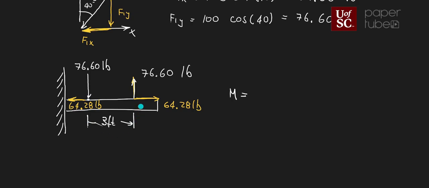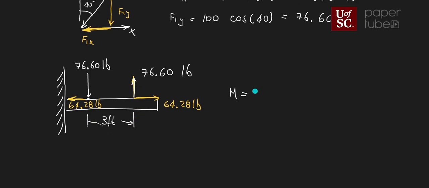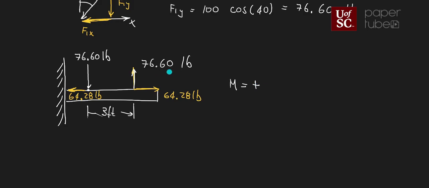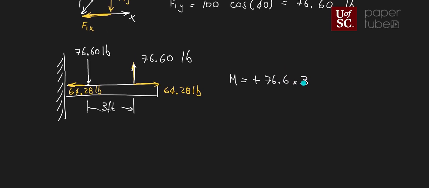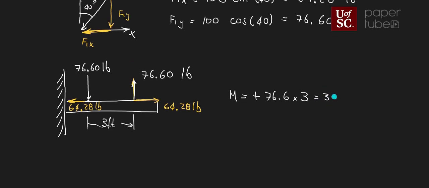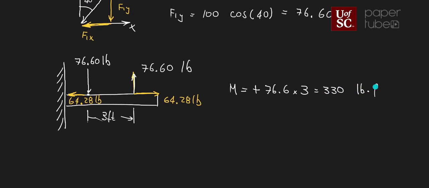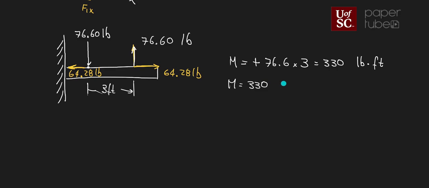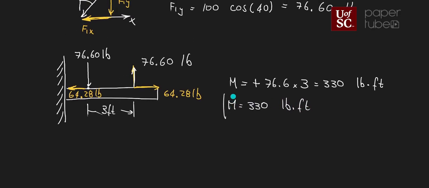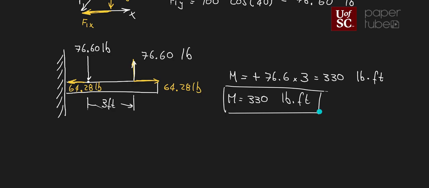It's going to be a positive moment based on my right hand rule, so plus my force times my perpendicular distance, 76.6 times 3, and that gives me 230 pounds foot. That will be my answer. So that is the moment that that couple is creating.